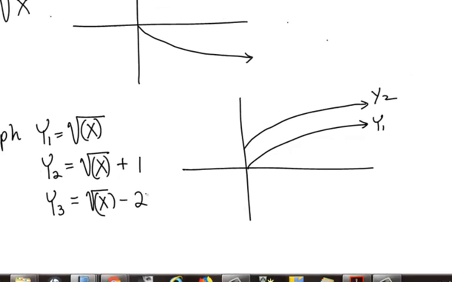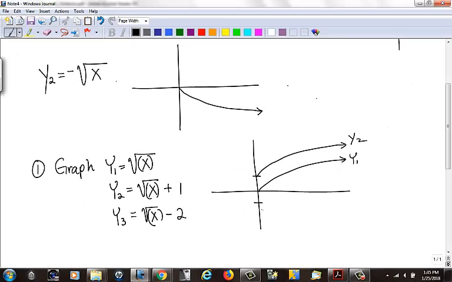Okay, so go down 2, and does it cross? Yes, it does cross the x-axis, so it's going to go something like this, and that would be our y sub 3.